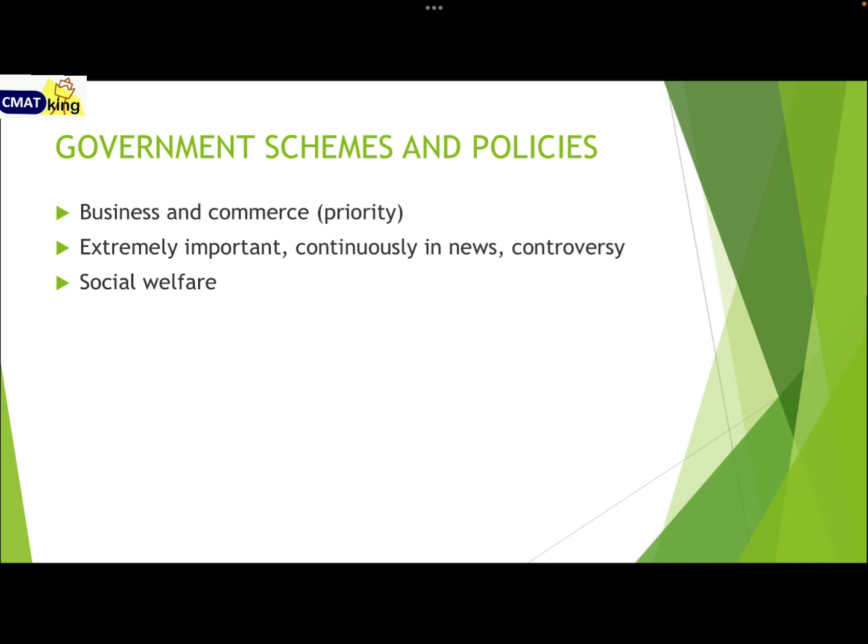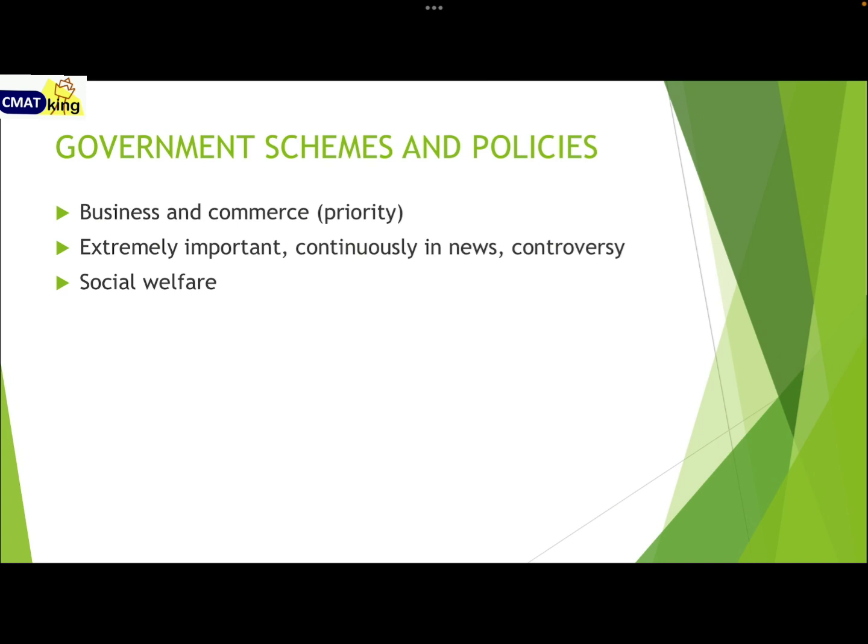Then the Agnipath scheme was there. So these were in news continuously. You have to go through them. The least priority is for social welfare schemes, because they are very infrequently asked in the exams, and also they are huge in numbers.